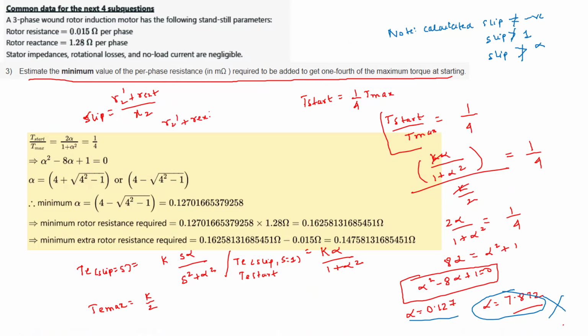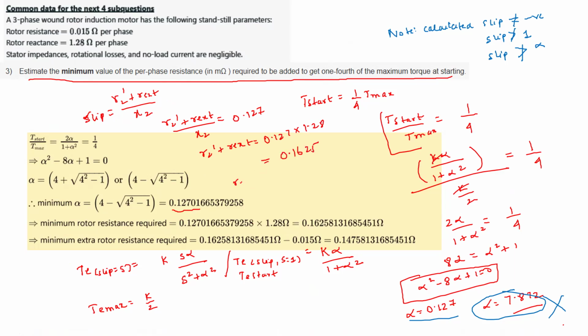So this is R external by X2, and this slip you have got as 0.127. So R2 dash plus R external is 0.127 into X2, which is 1.28. You multiply and you will get this.